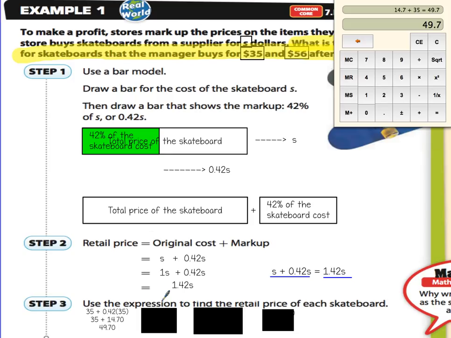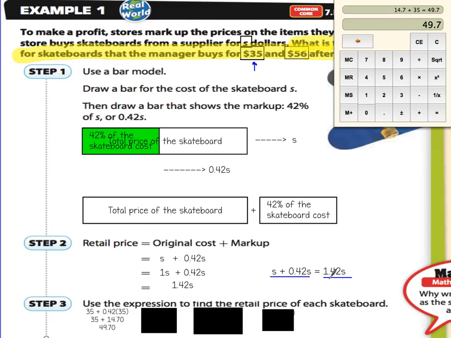So it makes sense that I'm going to be paying more than 100% of the price, because paying 100% of the cost would mean I pay just the $35. However, he wants me to pay more than 100% of the cost because he needs to make money.